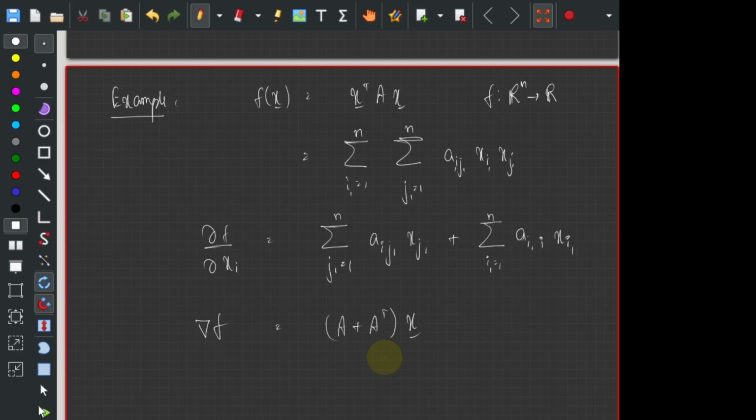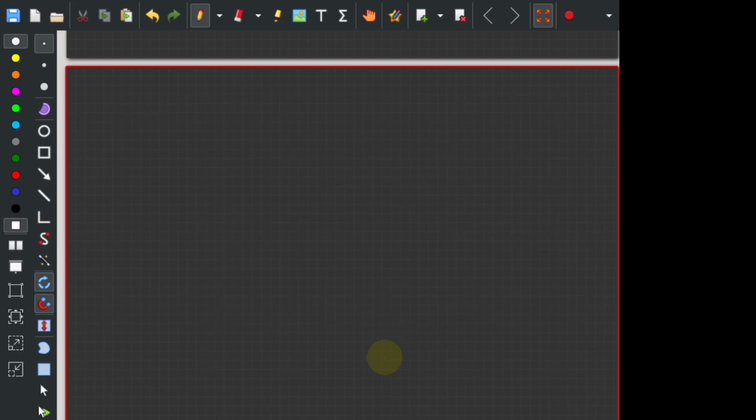Okay, so if you have a linear function or a quadratic function, something very nice where you can separate it in terms of xi and xj, it's fairly simple to compute the expressions for the gradient or the derivative. But what if we have a more complicated function? For example, one function that we'll frequently use, which comes up in communication, signal processing, and so on, is the following.